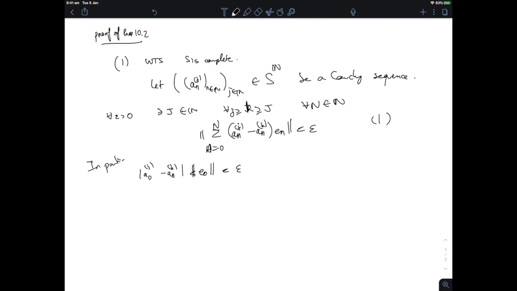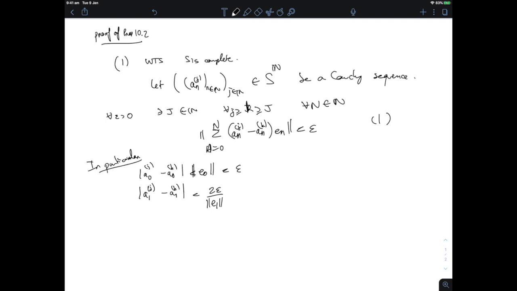So that tells me that the sequence a_0^j indexed by j is Cauchy. And then you can go to the next one, a_1^j minus a_1^k, and this would have to be smaller than 2 epsilon divided by the norm of e_1, right? Because you rewrite it as (a_1^j minus a_1^k) times e_1 plus the sum up to 0, which we've bounded, which is also bounded by 1.